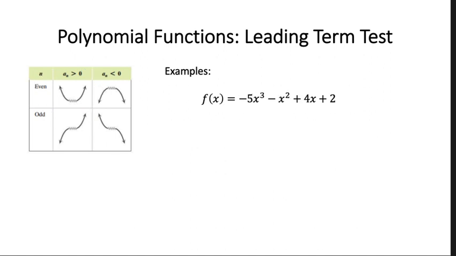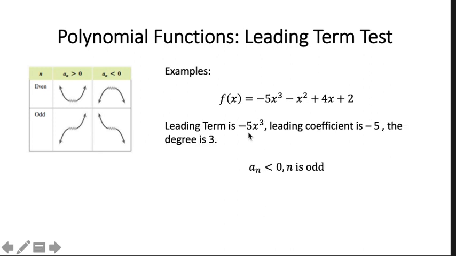So in my next example, we have negative 5x to the third minus x squared plus 4x plus 2. Determine which is the leading term, the leading coefficient, and the degree, and figure out which of these you think is accurate for this graph. The leading term is negative 5x to the third.